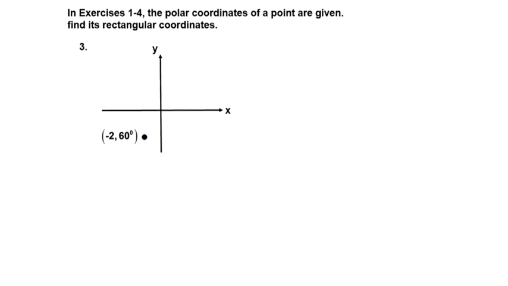Next in our problem is going to be 3. We have a polar coordinate pair of negative 2, comma, 60 degrees. For that, we have x is equal to r cosine theta, and y is equal to r sine theta. Just substituting in, we have x is equal to negative 2 cosine 60 degrees.